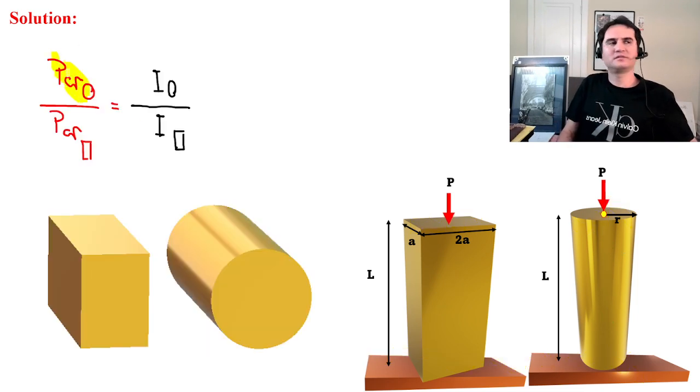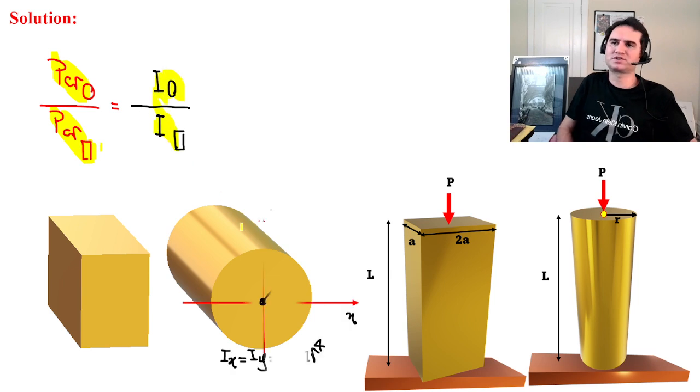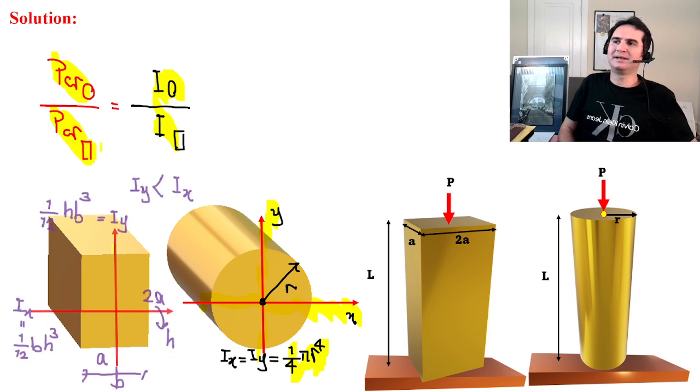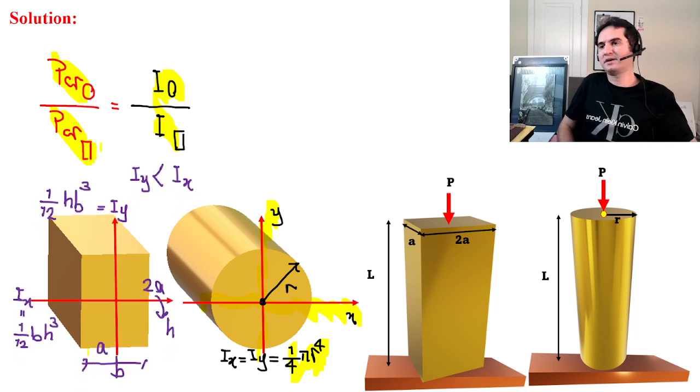So the buckling force ratio of a circle to a rectangle is just the ratio of their moments of inertia. We know the moment of inertia for a circle about any axis is equal to 1/4 pi r to the fourth. For a rectangular cross section with base B and height H, which are A and 2A based on the problem statement, Ix goes by 1/12 base times height cubed, and Iy goes by 1/12 height times base cubed.